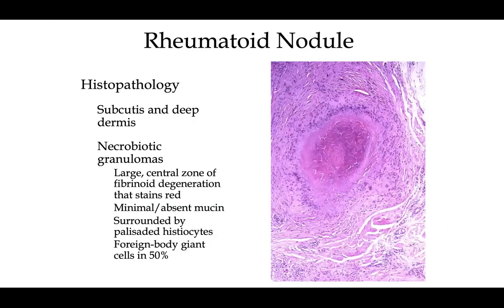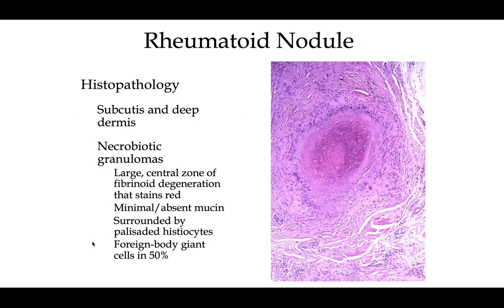On histopathology, it's in the subcutis and the deep dermis, but it looks different than a deep granuloma annulare to me because I often see these very eosinophilic-rich cores that are surrounded by those histiocytes.